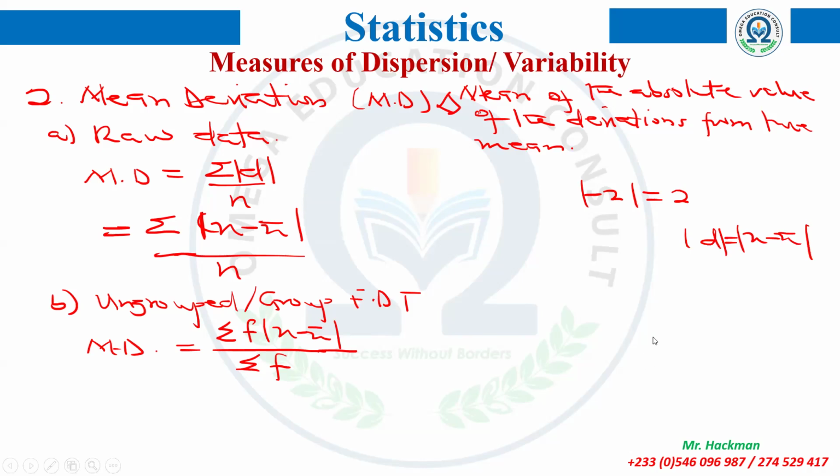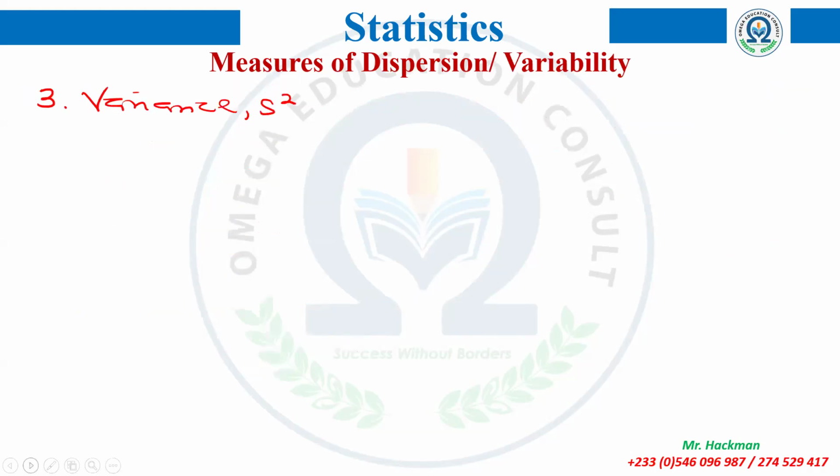However, the variance is also another way of taking care of the quantity that will make the sum become 0.